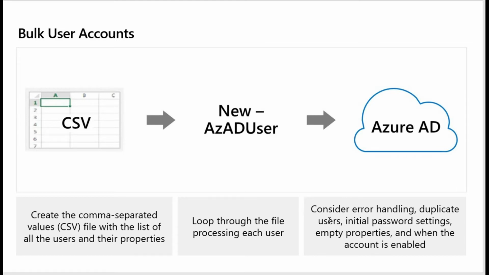These things can happen: password issues, sometimes duplicate users imported, properties not imported. When you import via CSV, this kind of issue can happen, which you need to fix as well. There's a separate process to fix those things.